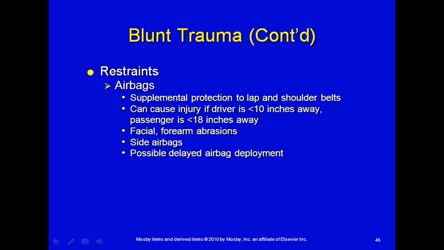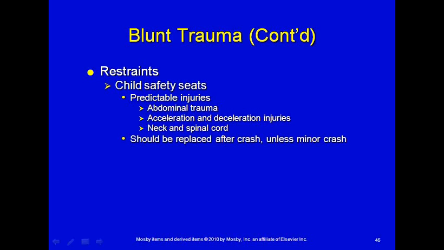Children, certainly small children in a front seat, the airbags were deploying at too great a speed and too fast, causing severe trauma and death to children. So manufacturers came up with ways to either shut the passenger airbag off when you had a child in the front seat, or sensors in the seat that would sense the weight of the individual and then calculate the speed of deployment of the airbag should it need to be deployed.